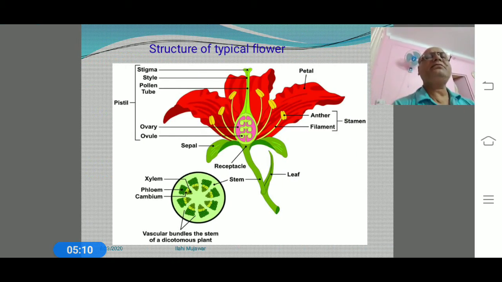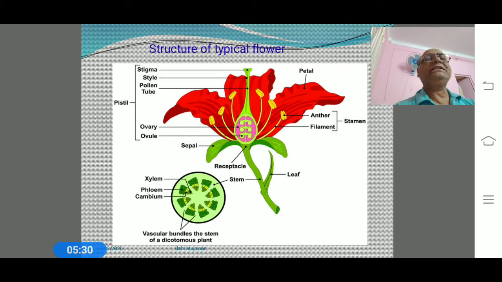The next slide is the structure of a typical flower. Look here, the flowers are groups of whorls, and these are mainly four whorls, which are borne on the receptacle.